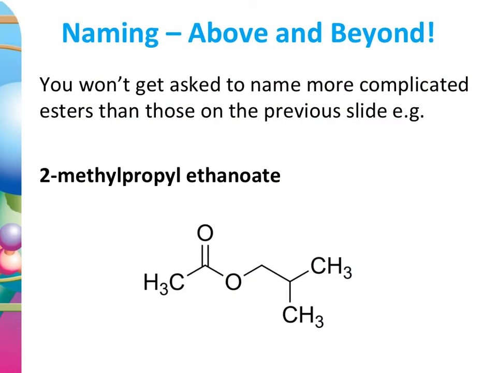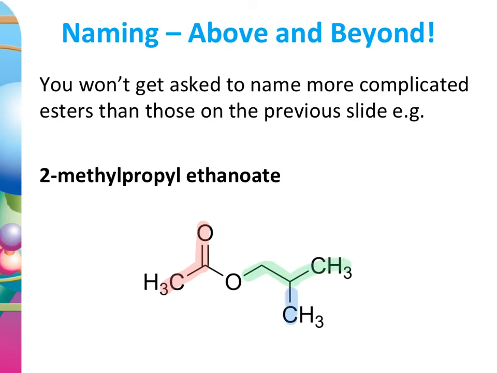Now, obviously, you can have much more complicated names than those we've just looked at, and this one is more complicated, although it's not shockingly so. We've got 2-methyl propyl ethanoate. If I colour in the parts to make that clear, that's the ethanoate part. Then the propyl bit is there, and the methyl is there.